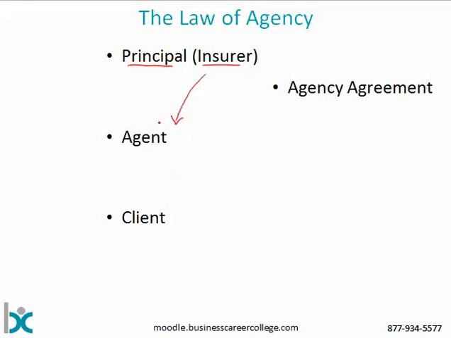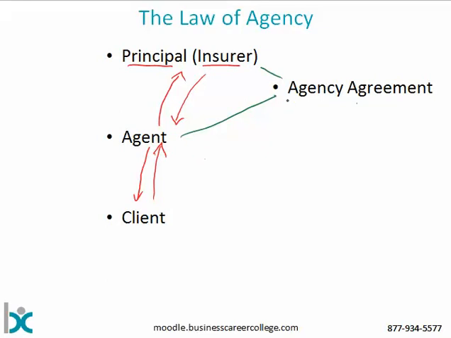The agent then has a contract with the insurer, and the agent goes out and deals with clients. So now we have this relationship that looks like this. But for legal purposes, as long as the agent is following the agency agreement that they have with the insurer, so the insurer will sign a contract with the agent that describes how this business works.